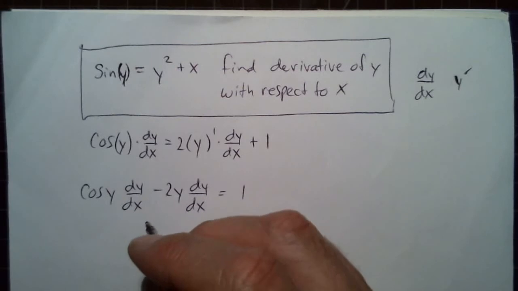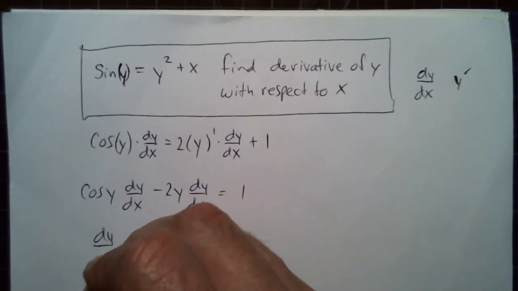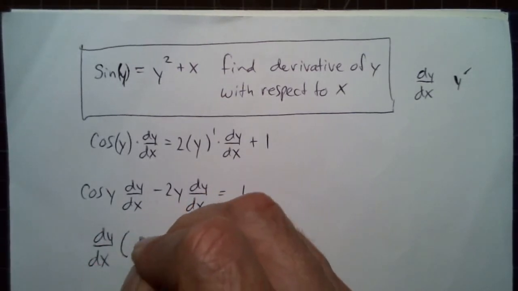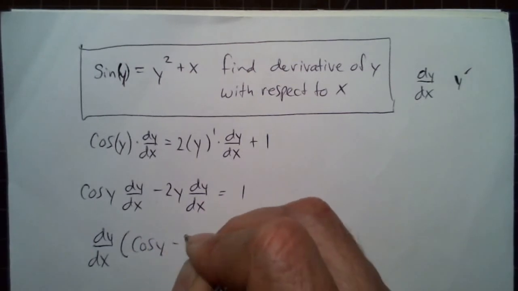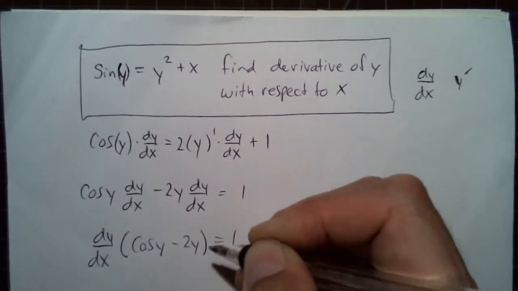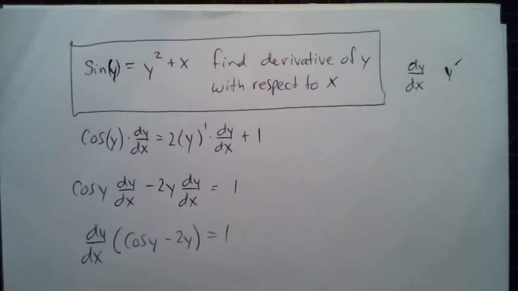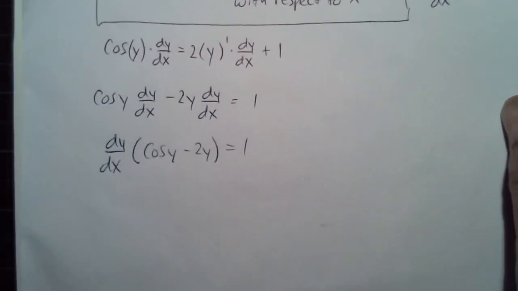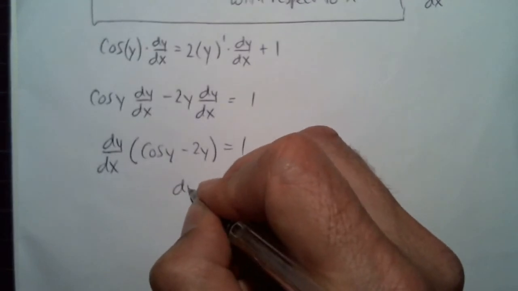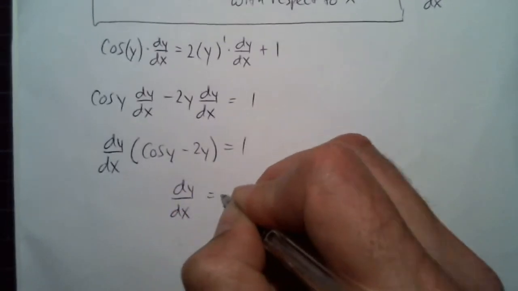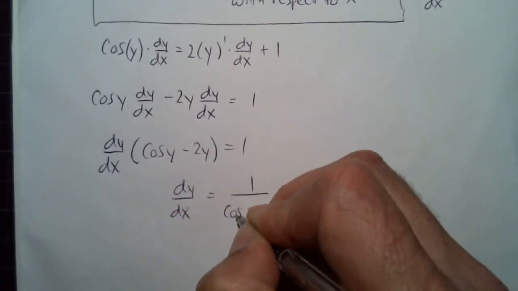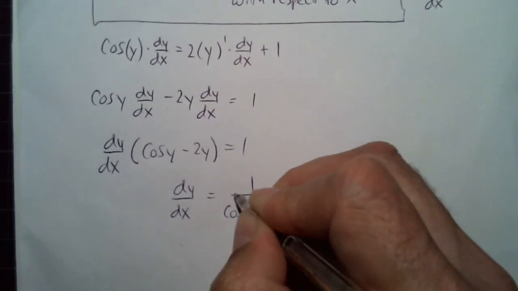Then we factor out the dy dx. And then divide. So dy dx is 1 over cosine y minus 2y.